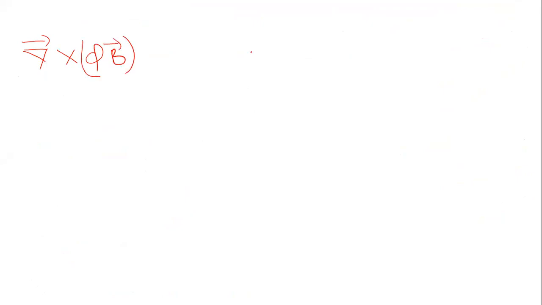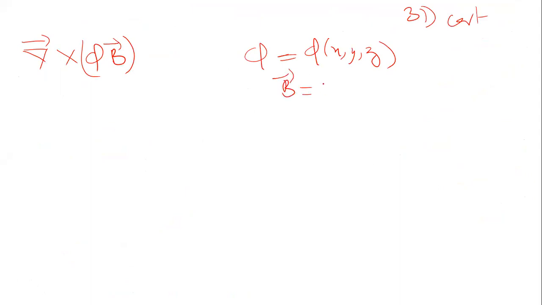If you take phi as a function of x, y, z, let us prove it in the 3D Cartesian system. And take the B vector as B1, which can be a function of x, y, z, i cap, plus B2, also a function of x, y, z, j cap, plus B3 k cap.